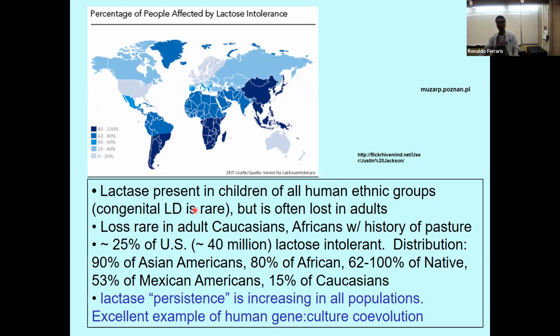Congenital lactase deficiency is extremely rare, but lactase is often lost in adults of certain ethnic groups. For example, here it depicts lactase deficiency in Western Europe and in the United States of America, which is populated by people mostly from Western Europe.